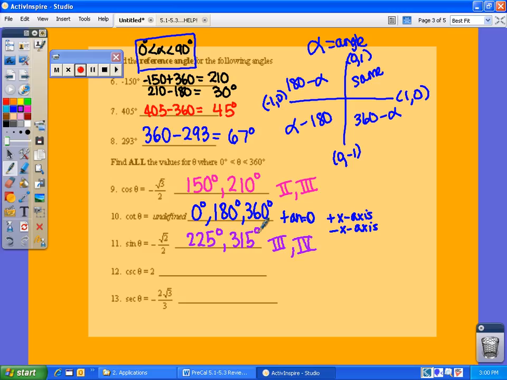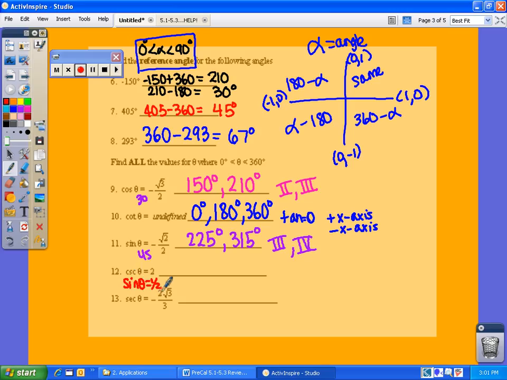Alright, next one. So the reference angle here was 45. This one was 30. Next one says cosecant of theta is 2. Now you can always refer back to your chart, but if you don't have your chart handy, then you can just simply do the reciprocal. The reciprocal of 2 is 1/2. That means we're looking for when sine equals 1/2.